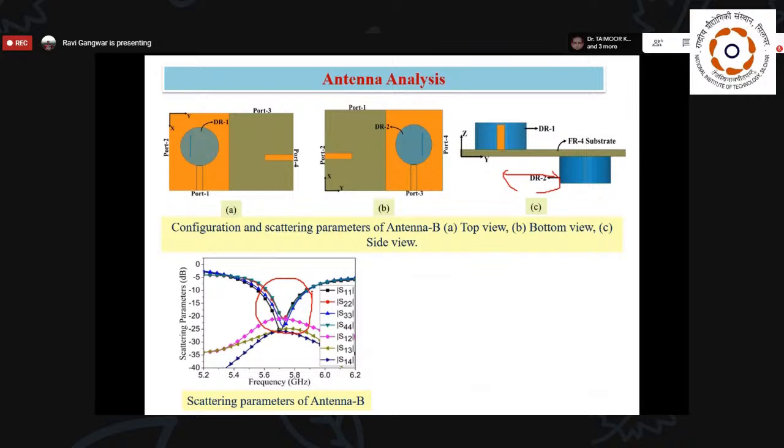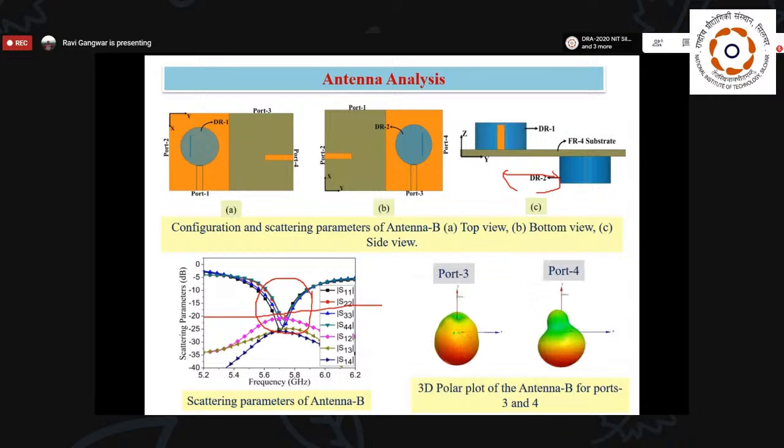If you look at the S parameters, all the DR elements cover the 5.5 gigahertz band of the WLAN frequencies. And then I check whether we are able to get good isolation or not. So we are able to get good isolation here. Similarly, you can see that the bottom DR is excited in the negative Z direction, and the top one is excited in the positive Z direction.